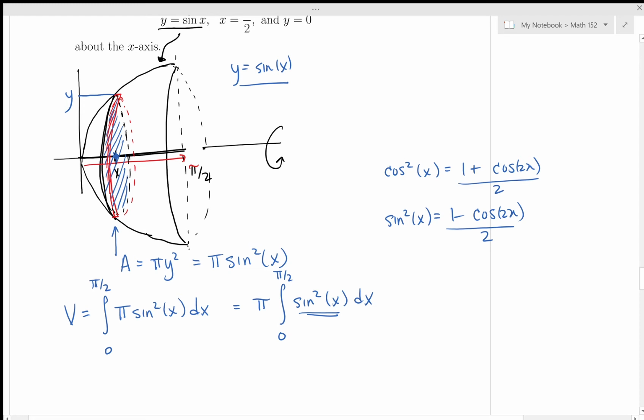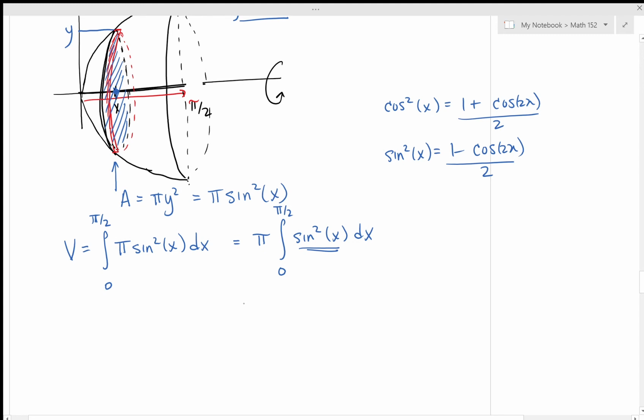So we're going to substitute in here for the sine squared, and sine squared is 1/2 minus 1/2 cos 2x, dx. Now this is a simple integral.